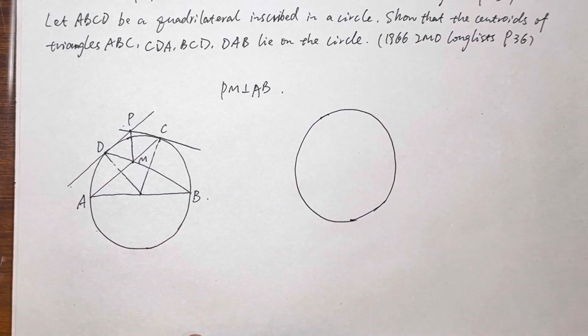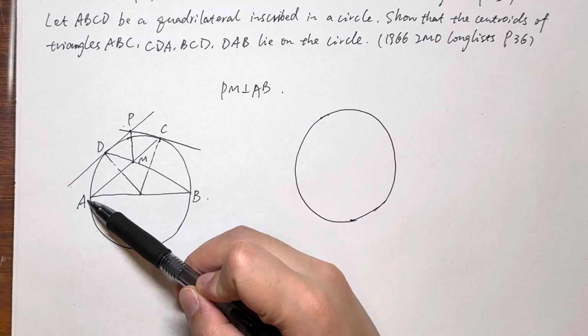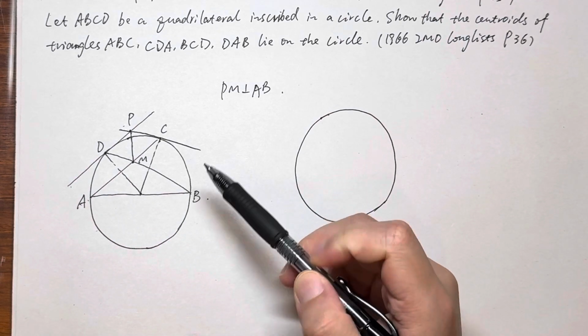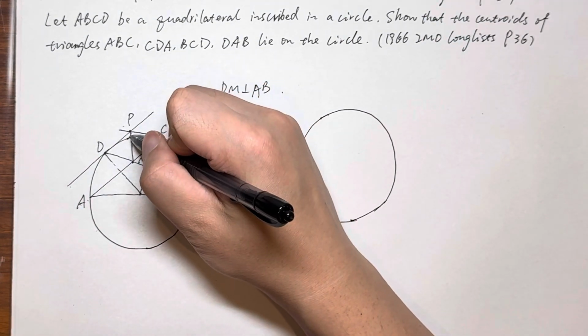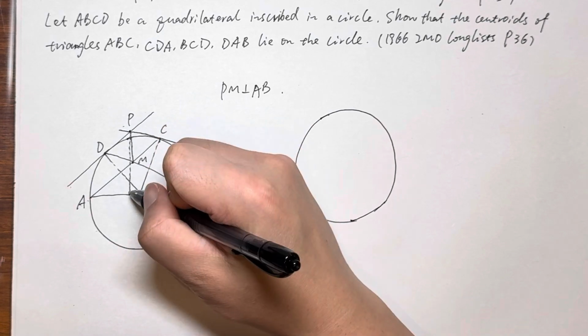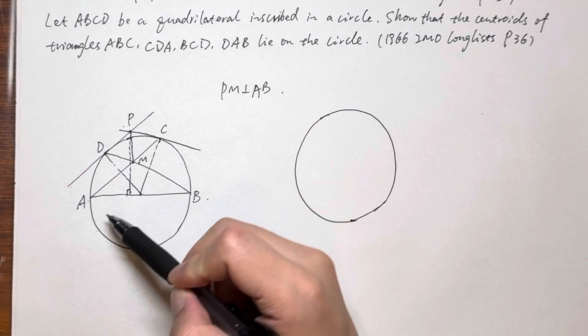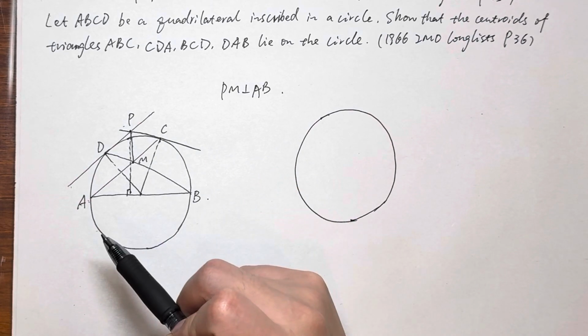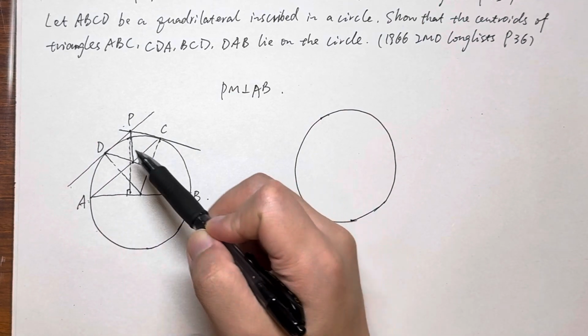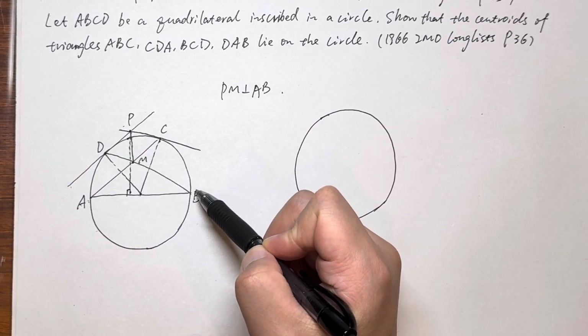So the idea is that we want to prove that PM is perpendicular to AB. But what we can do is that we find the perpendicular line first. And this perpendicular line would intersect with AC on a point, and intersect with BD on another point.